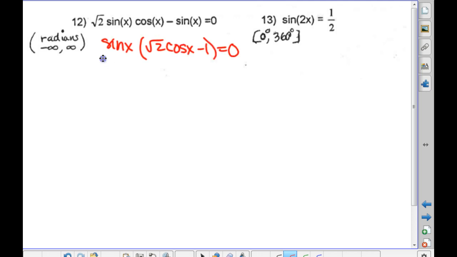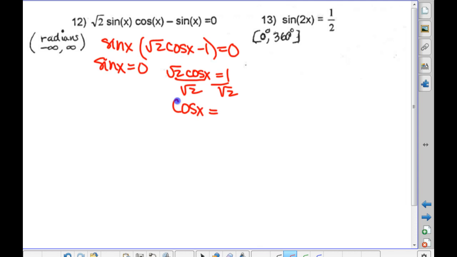Okay, so we have where's the sine equal to 0, or square root of 2 cosine of x equal to 1. If I set that equal to 0, add the 1 over there, divide by square root of 2. What is 1 over square root of 2? Square root of 2 over 2. I go really fast, I know, but we did this exact problem yesterday on the front of worksheet 1, I think.